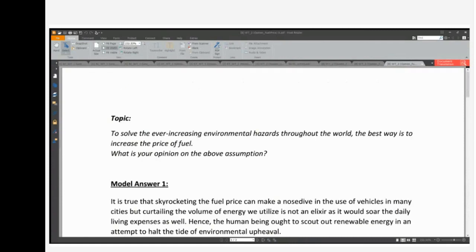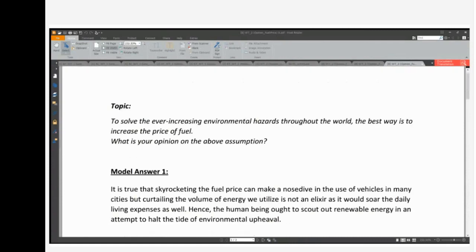Okay, so we can start like this, that it is true that skyrocketing the fuel price can make a nosedive in the use of vehicles in many cities, but the volume of energy we can utilize is not... would soar the daily life expenses as well.